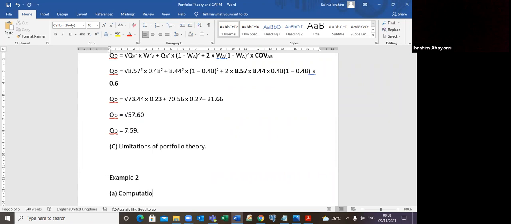Computation of expected return on X and Y, and for the portfolio.